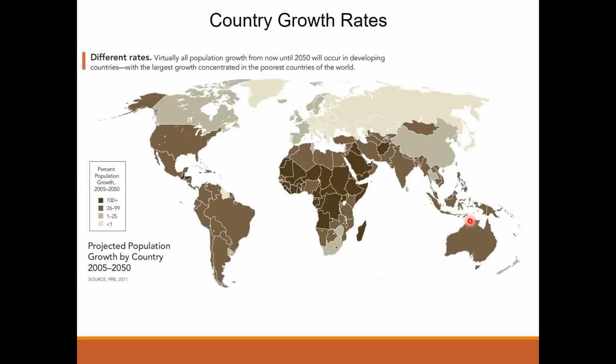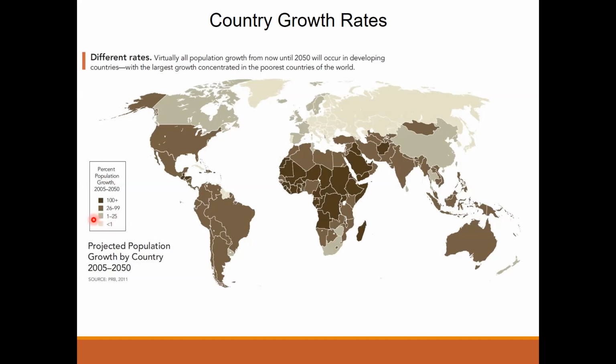Okay, so this is just showing you generally the projected population growth by country. What you can see on this that I like to show is what areas of the world are growing in population and what areas are actually contracting or staying roughly the same. The only ones that would be contracting are in this very light color, right?